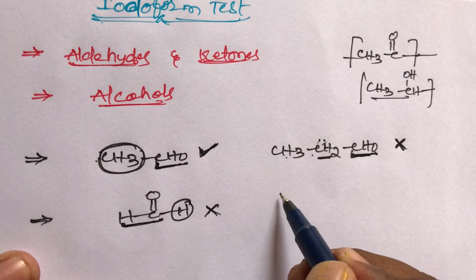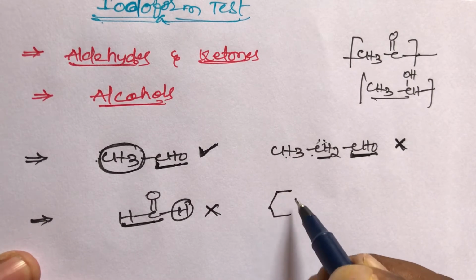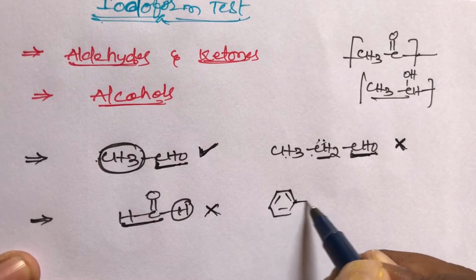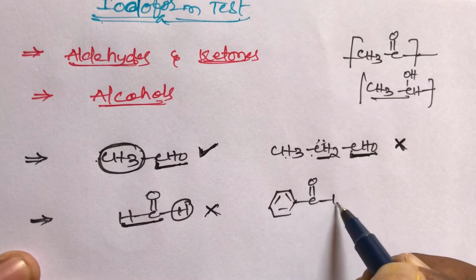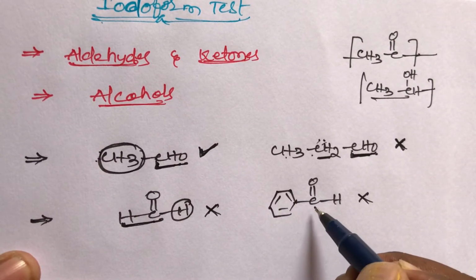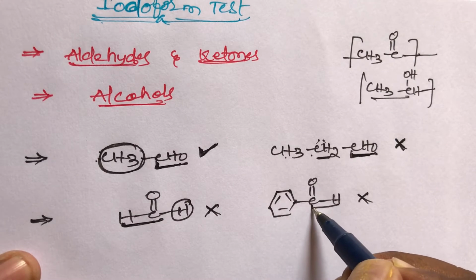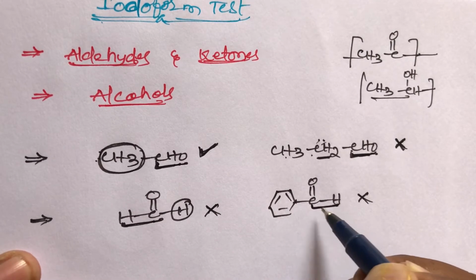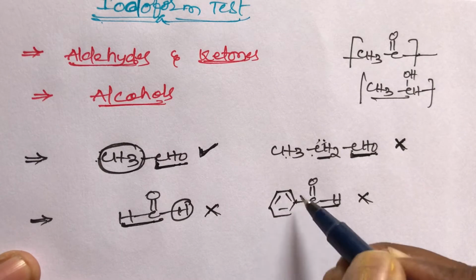Now take one more example, that is benzaldehyde. Benzaldehyde also does not give the iodoform test. Why? Because this C=O is called the aldehyde group, and beside this aldehyde group there is a phenyl group.